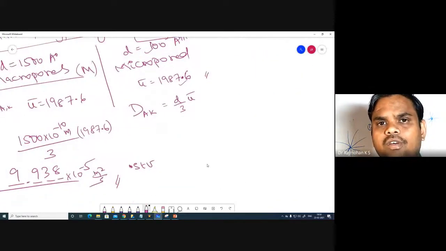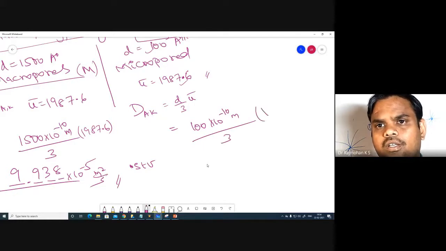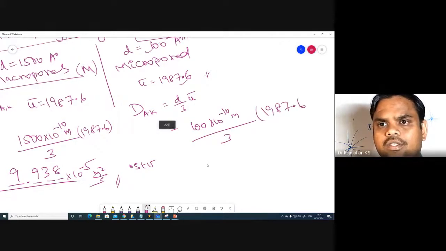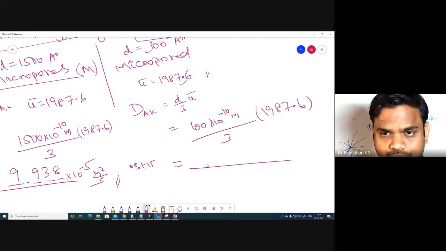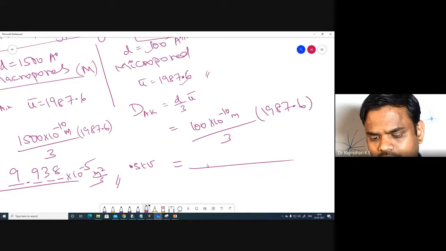Similarly, what is the DAK for micropores? It is 100 angstrom. So 100 into 10 power minus 10 meters by 3 into 1987.6. What is the value? If you make use of the calculator, 1987.6 into 100 divided by 3, again it is coming around 0.66 into 10 power minus 5.